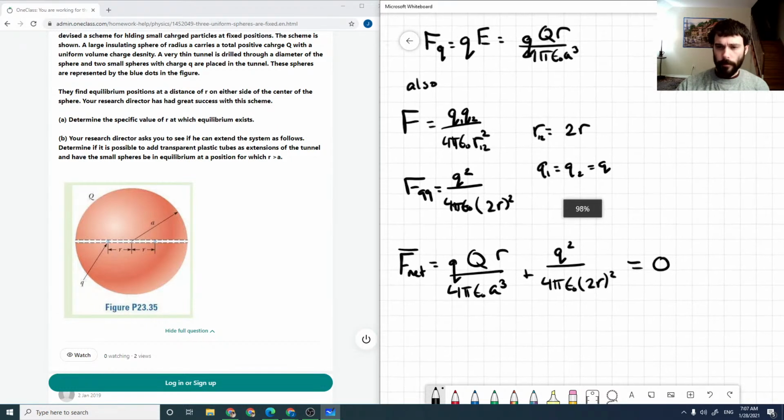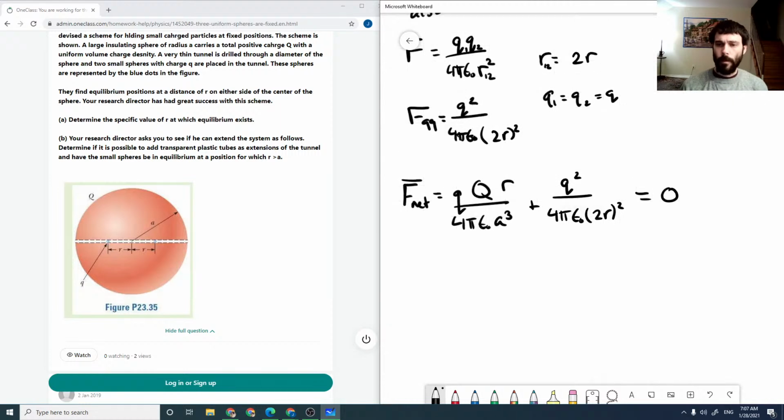So now we need to rearrange things. So first of all, we can get rid of a q, get rid of a 4 pi epsilon naught. So that'll help a little bit. So then let's migrate some things and expand some brackets here.